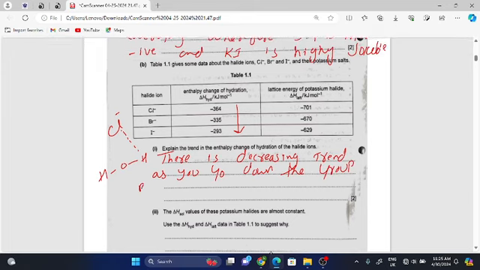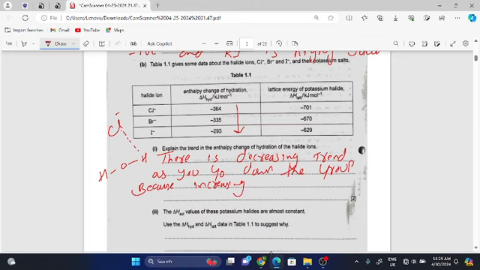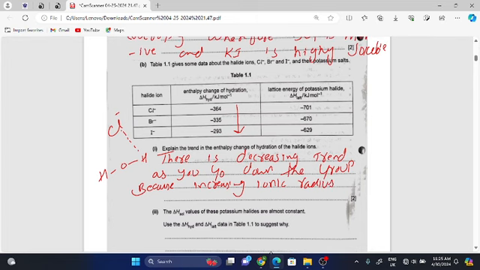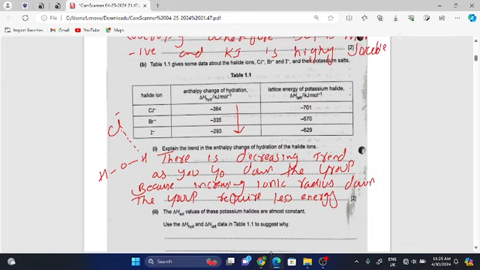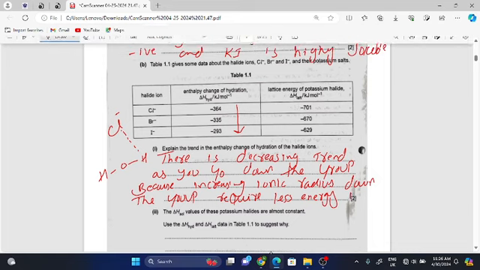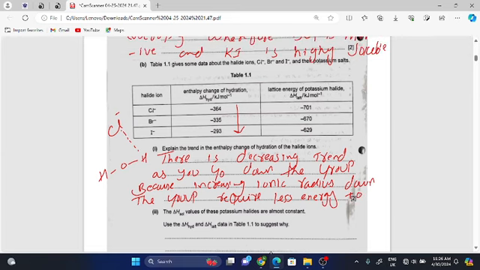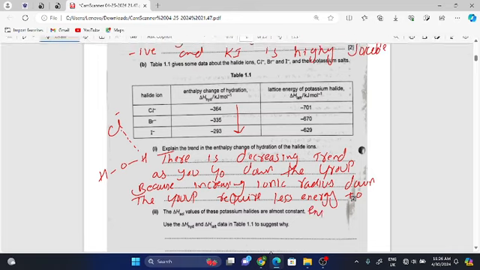Reason: because of increasing ionic radius down the group, it requires less energy, enthalpy change of hydration.